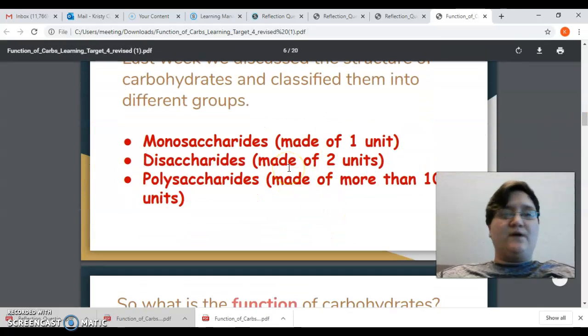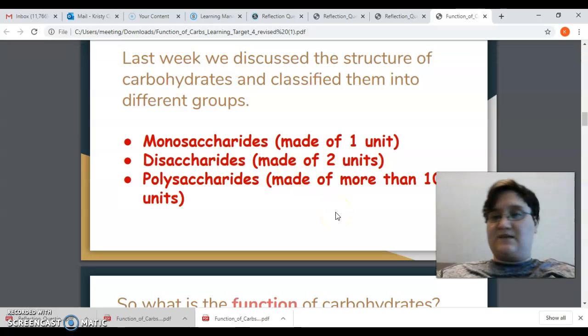Alright, so this is a little bit of a review here. We've been talking about carbohydrates, and different types of carbohydrates. The 3 types are right here: monosaccharides, disaccharides, and polysaccharides. We've talked about prefixes a lot, and I'm going to continue talking more about prefixes today. So mono means 1 saccharide.